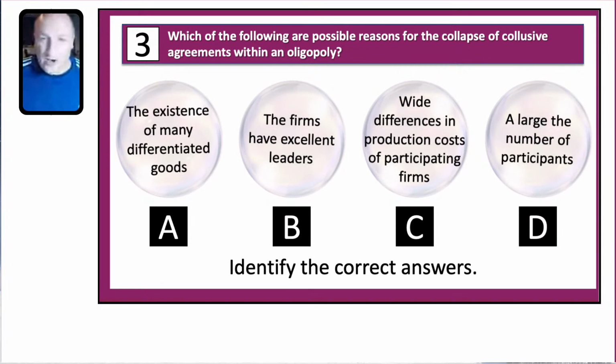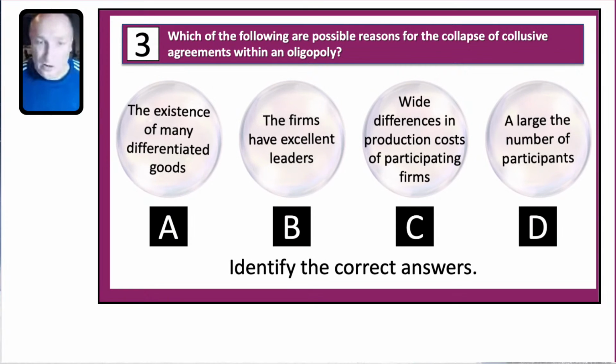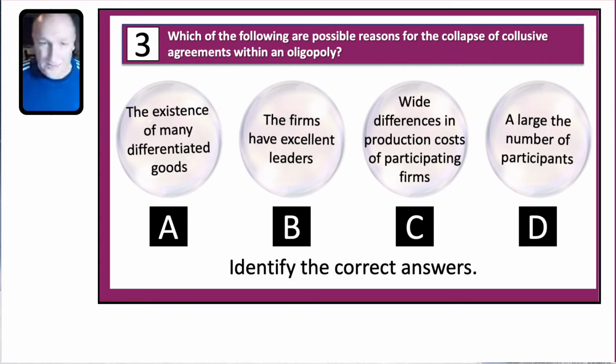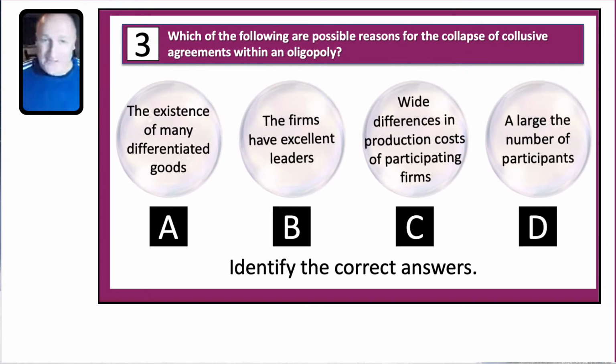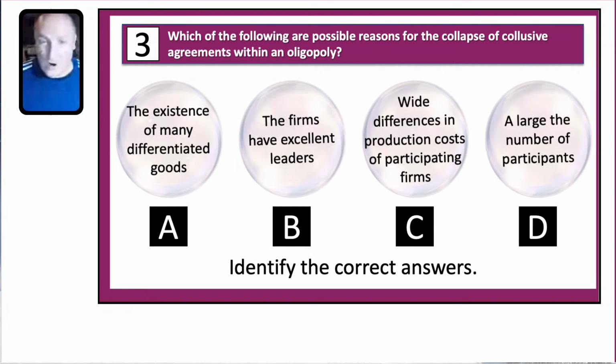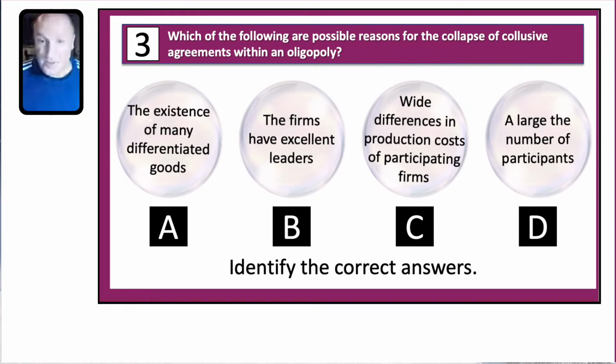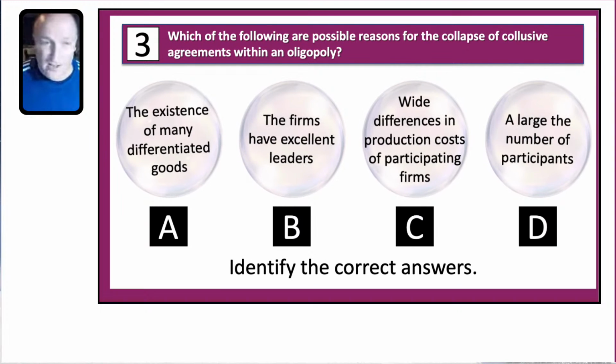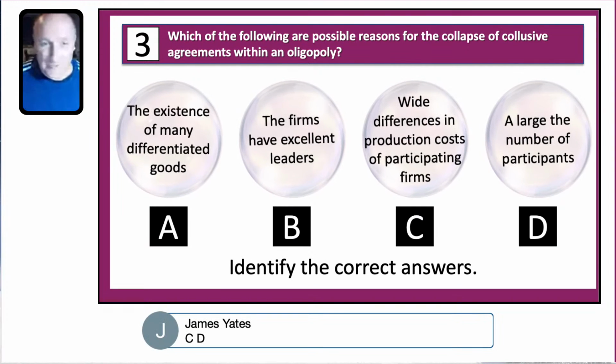Which of the following of those are possible reasons why collusion often comes to an end? A, the existence of any differentiated goods, B, firms have excellent leaders, C, wide differences in production costs of participating firms, and D, a large number of participants. What do we think for the cartel question?